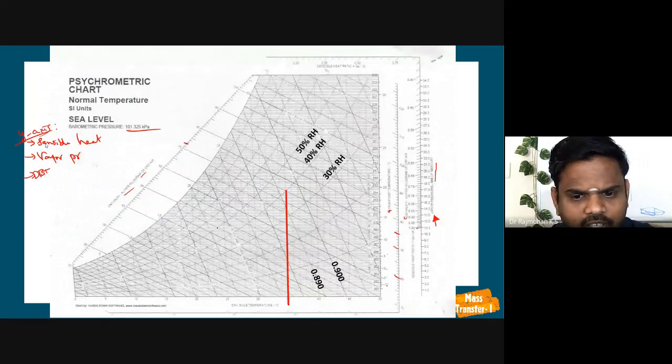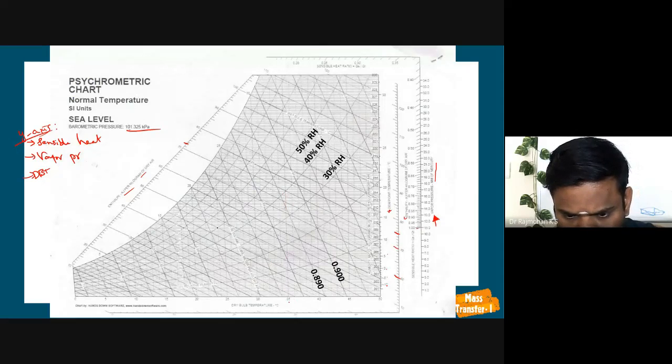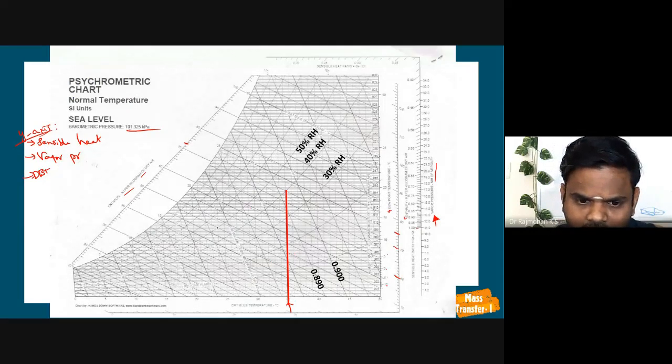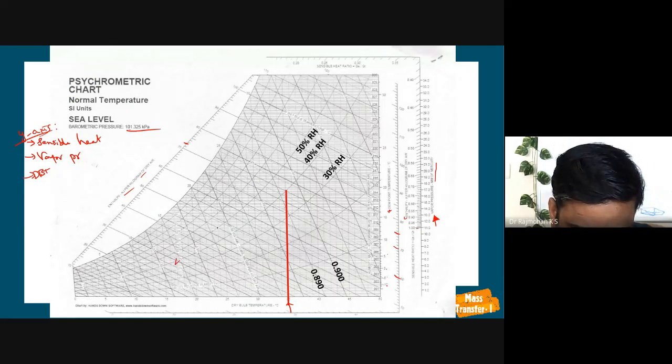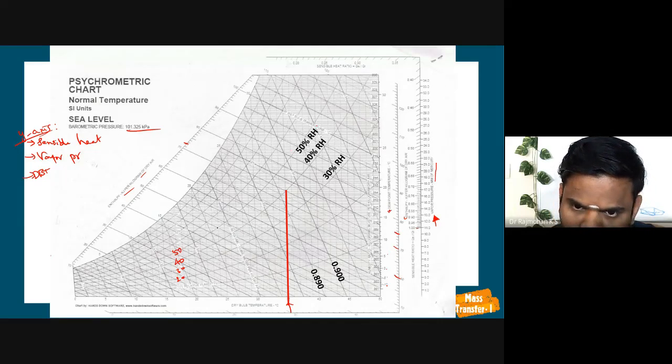Okay, so in this graph, if you mark the 35-degree line, so you have 35 here, you can see that is the 35-degree line. And the relative humidity you can see here, it is mentioned, this is 20, 30, 40, 50. So this is your 40% line, so we can mark this point here.